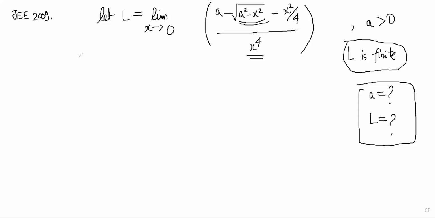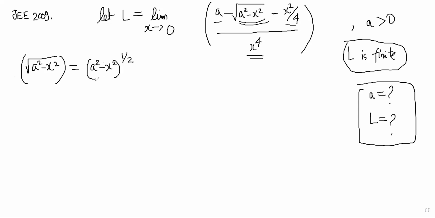The way to do this question is by series. So just try to find the series of this. That's the only series you need, because after that, everything you can simplify. So you just need to expand this using some knowledge of series. Binomial theorem can work here.